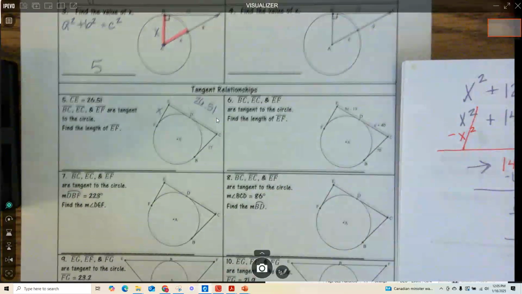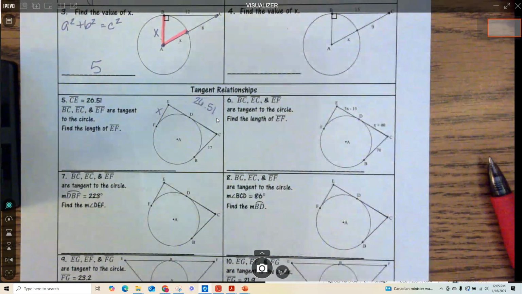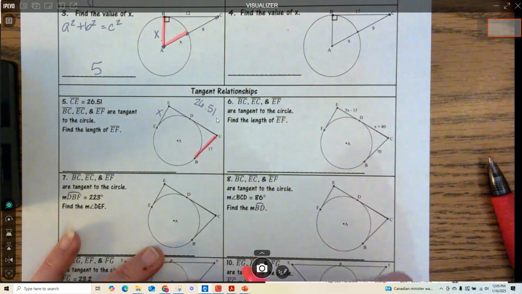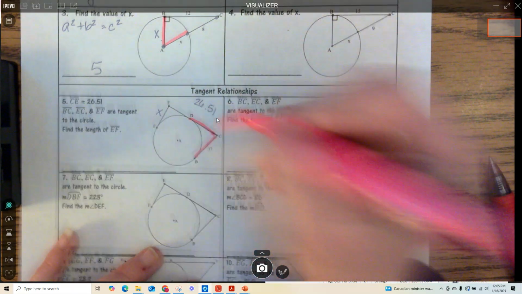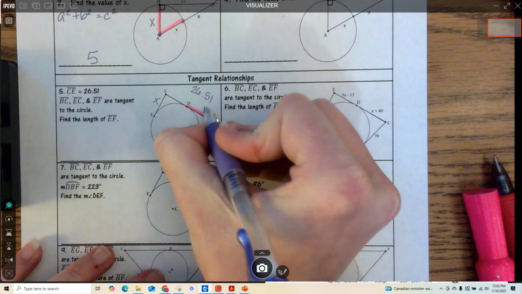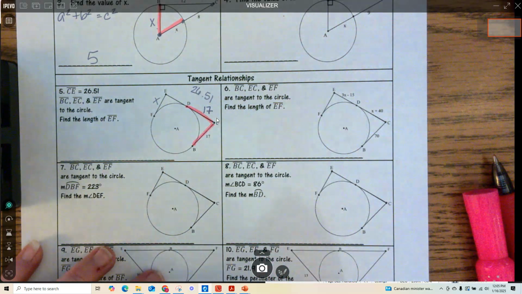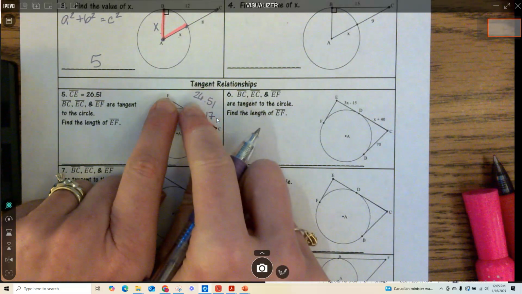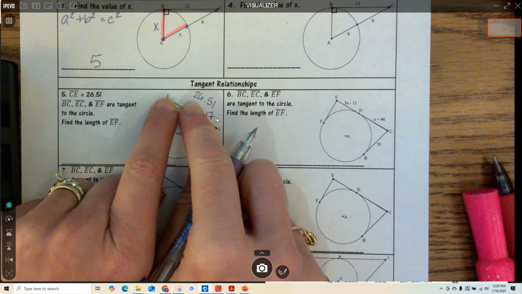All right, so here's the rule. If BC is 17, then DC is going to be 17. So from where they touch the circle to where they meet is going to be the same distance. Okay. All the way across this line is 26.51.